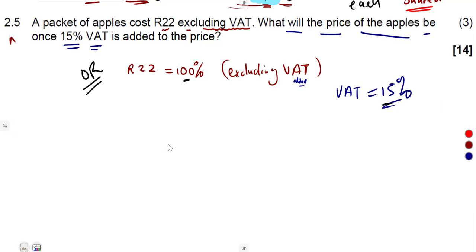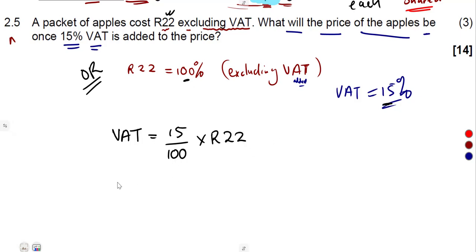It's 15%. But what is the value representing that VAT, the value added tax? It is 15% of what? So 15 of 100, of the original price that we are given, 22 rand.